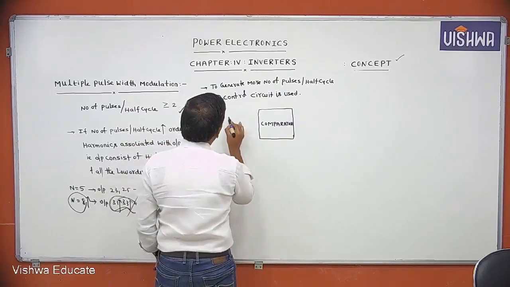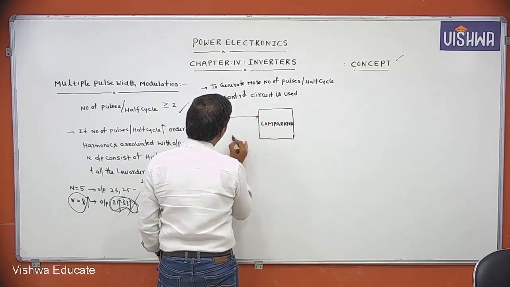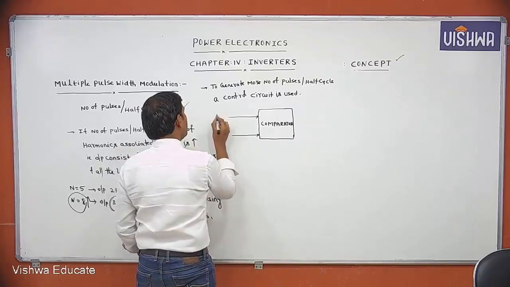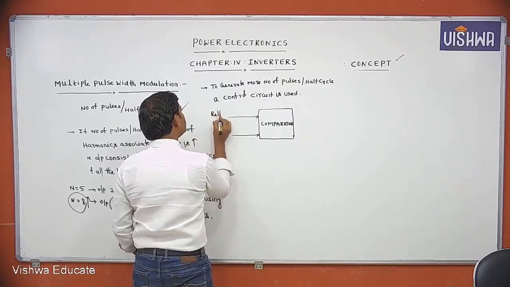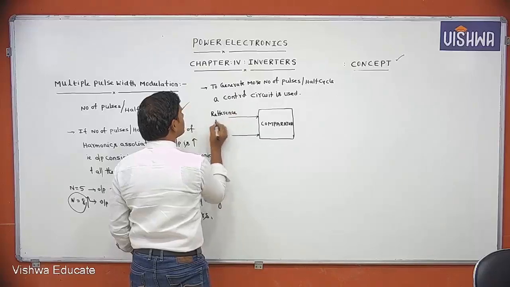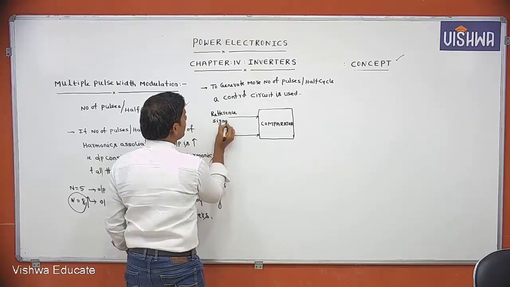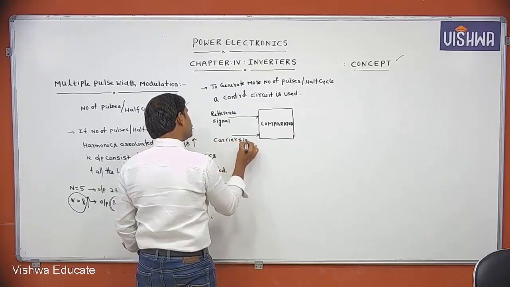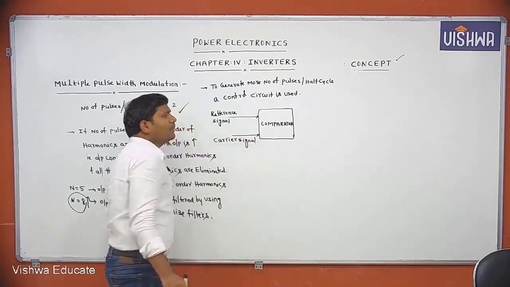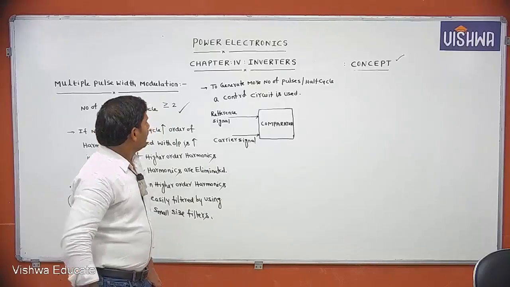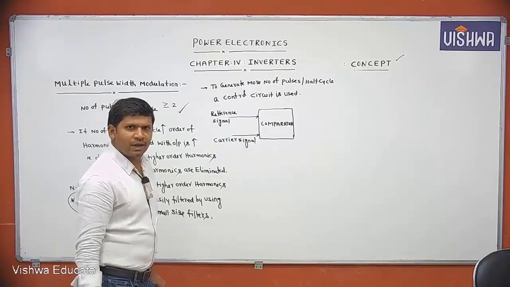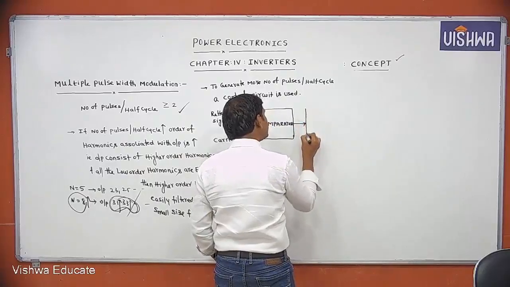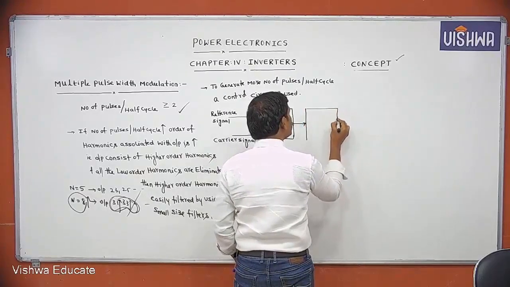The comparator has two types of inputs we are giving: one is the reference signal input, and another one is the carrier signal. The output of the comparator is given to the trigger circuit.